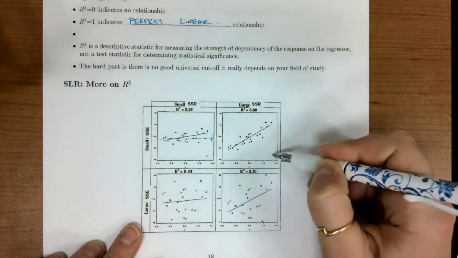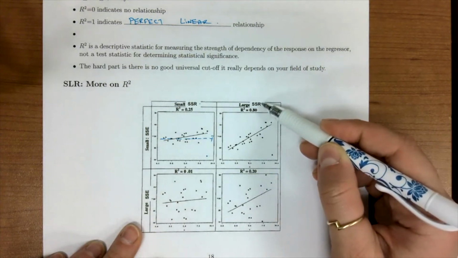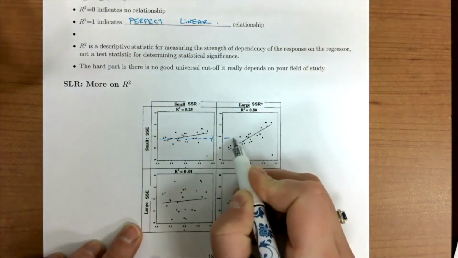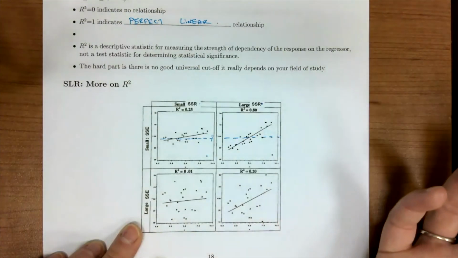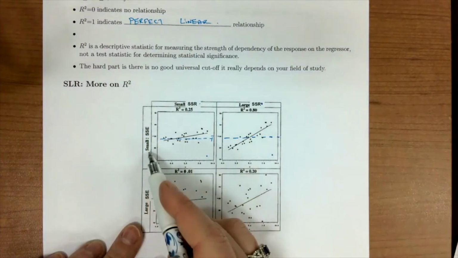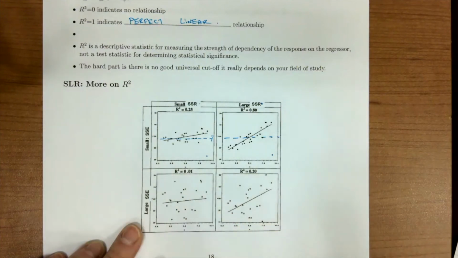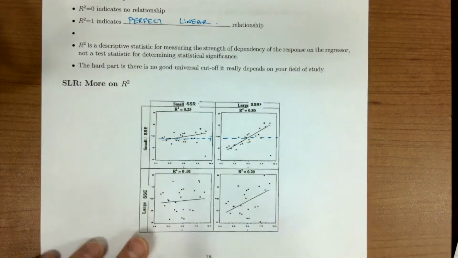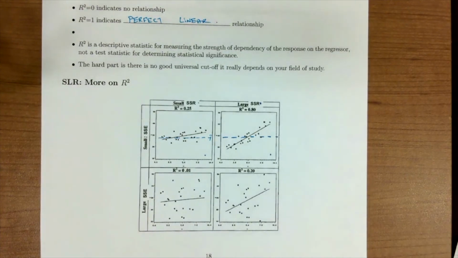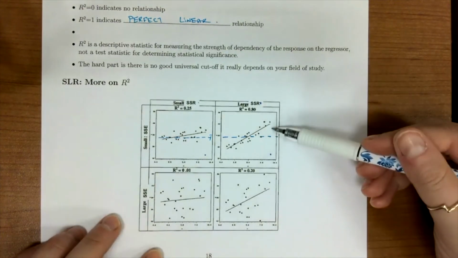In this plot here, we're going to have a large sums of squares regression. If you could imagine the overall mean being here, we can see a pretty big difference. And again, our sums of squares error is pretty small. Once we start to increase our sums of squares error, kind of that background noise, we'll start to notice that our R squared does get a lot smaller compared to when our SSE was smaller.